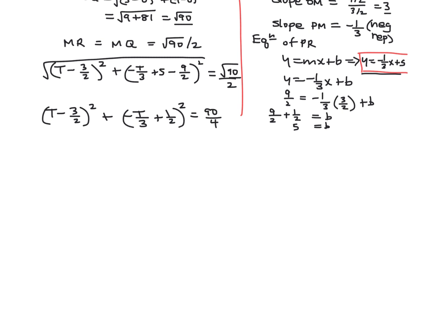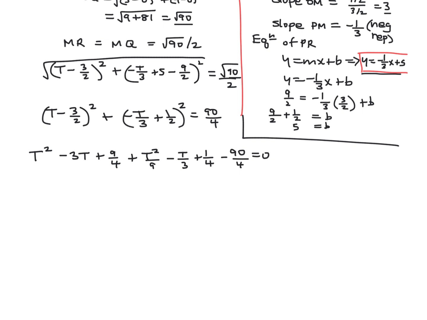Yeah. Okay, let's make sure we do this properly. T squared minus 3t plus 9 over 4 plus t squared over 9 minus t over 3 plus a quarter. And let's just put everything on one side, bring over that 90 over 4. All right, so let's collect like terms. That plus that is going to be 10t squared over 9. This plus this minus 10t over 3.